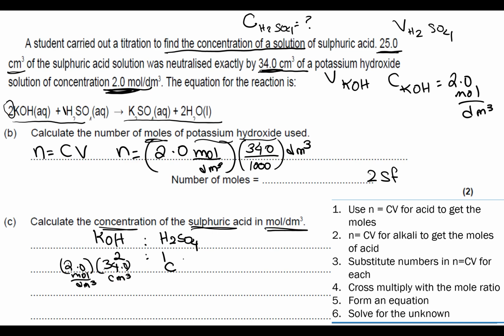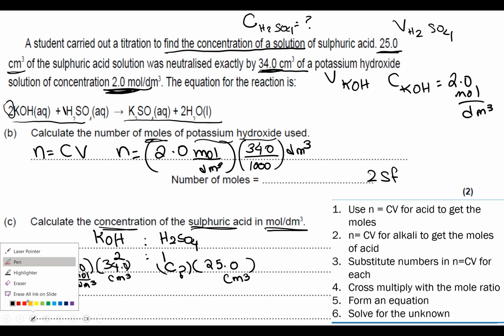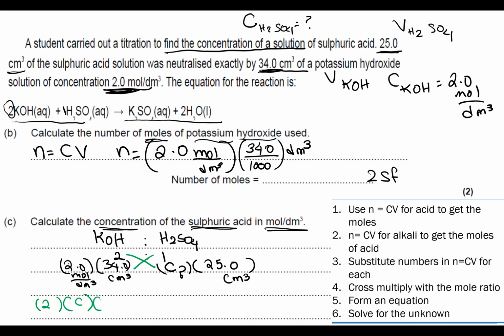And here C is unknown, question mark, times the volume, which was 25.0 cubic centimeters. Now the next step you're going to do is cross multiply these values. So that would mean 2 times C, which is unknown for me, times 25.0 equals 1 times 2.0 times 34.0.